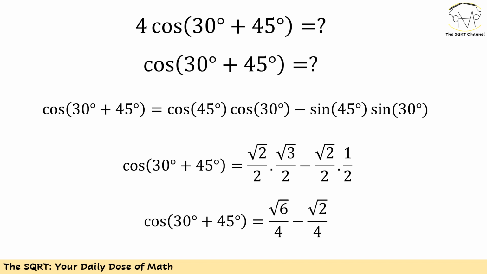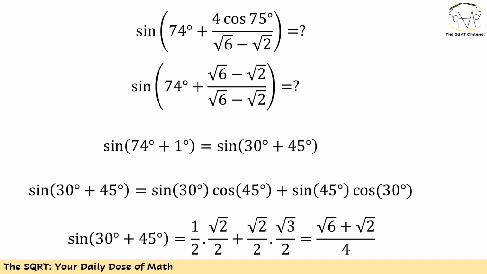Now, using some identities, we can conclude that cosine of 75 degrees is basically radical 6 over 4 minus radical 2 over 4.